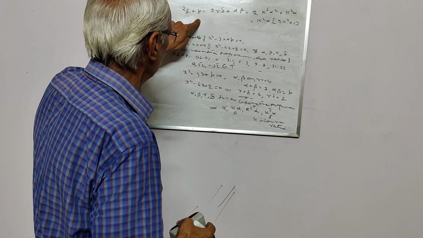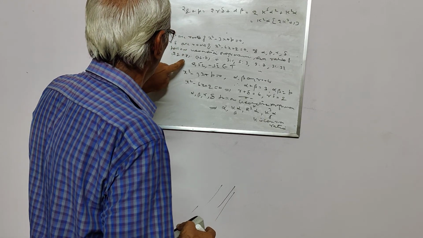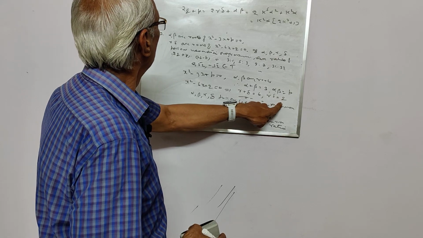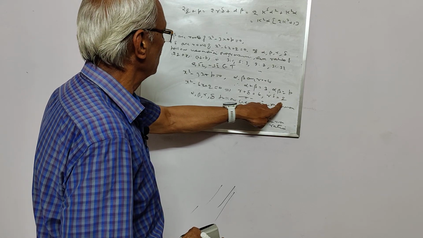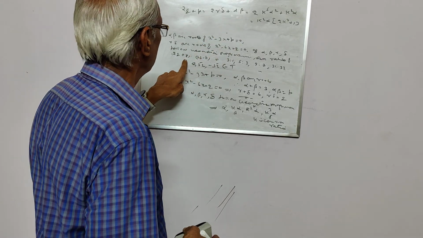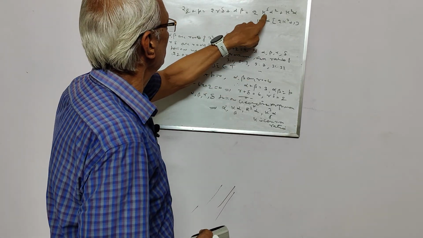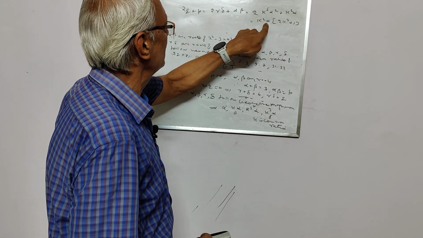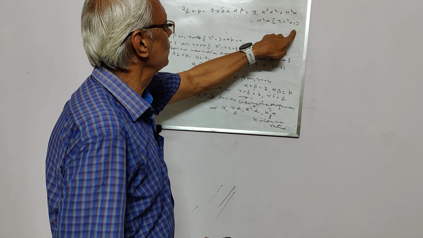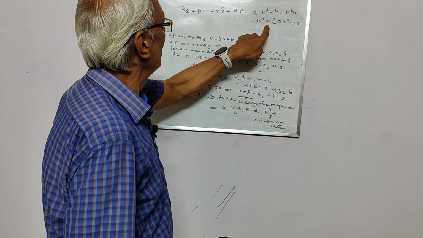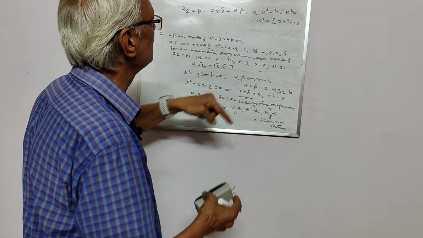2q plus p: 2q is 2 gamma delta, and p is alpha beta, so 2k to the power of 5 alpha squared plus k alpha squared. So k squared alpha can be taken outside.